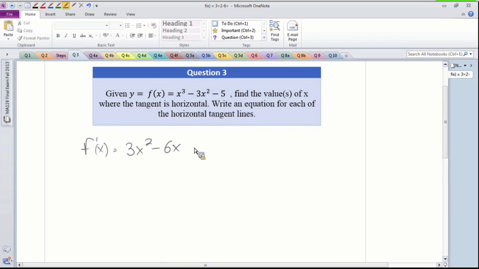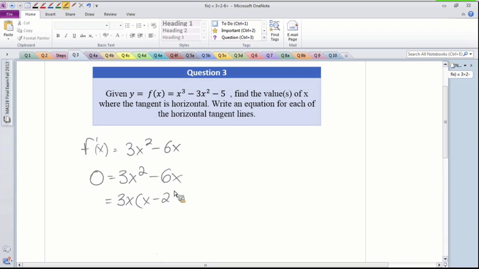Because our tangent line is horizontal, our slope is 0. So we set f prime equal to 0. So 0 is equal to 3x squared minus 6x. Does everyone understand up to that point? So what values of x satisfy this equation? I'll solve for x by factoring out 3x.